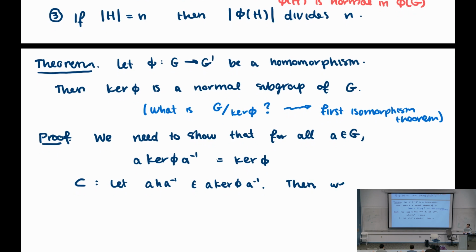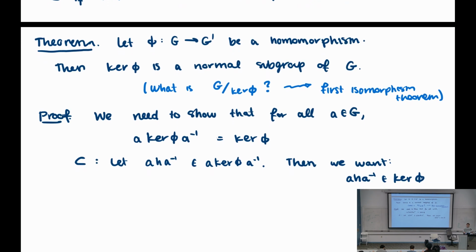So we want that A H A inverse is an element of the kernel of phi. So let's apply phi to it and see what happens. So we want that phi applied to A H A inverse is going to be the identity. Okay, so let's see how this goes.